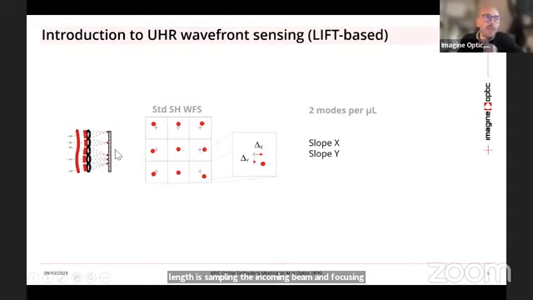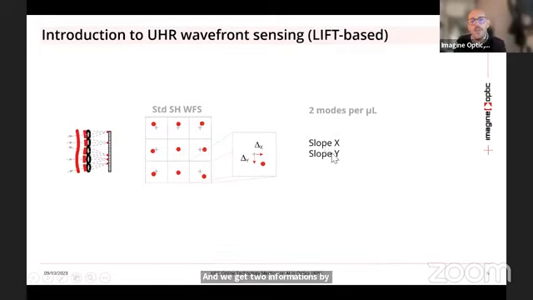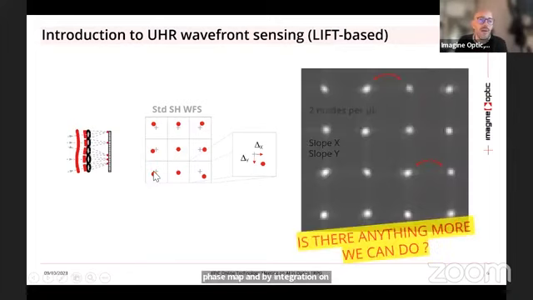By analyzing the lateral position of each of those centroids, we are able to reconstruct the slopes of the wavefront, meaning the direction of propagation of each ray that has been sampled by the microlens. So we get two pieces of information per microlens that allow us to reconstruct a small phase map, and by integration on the pupil of the sensor, we reconstruct a complete map.